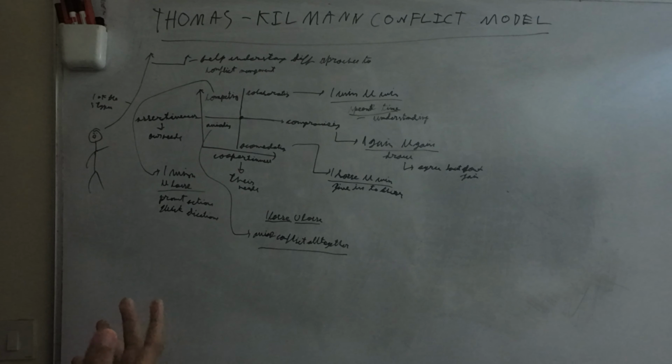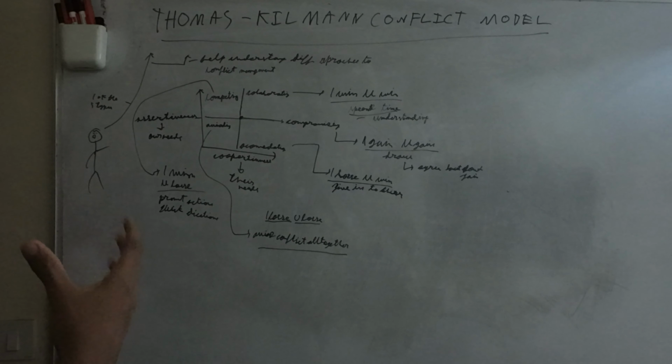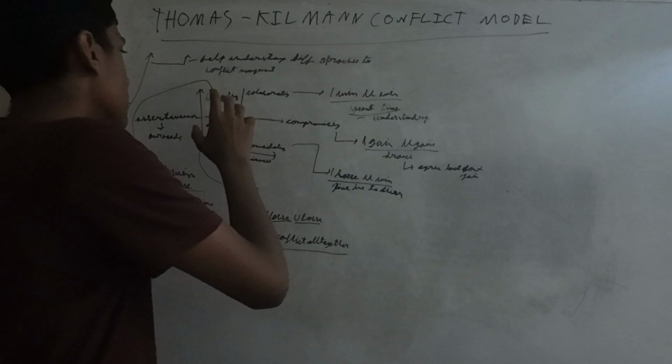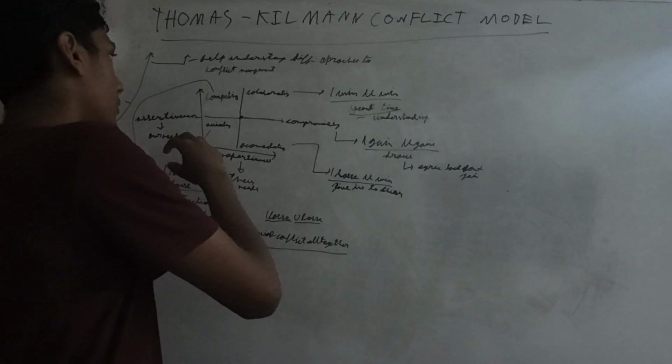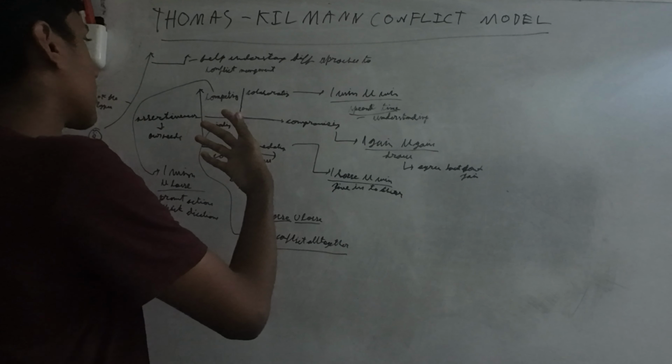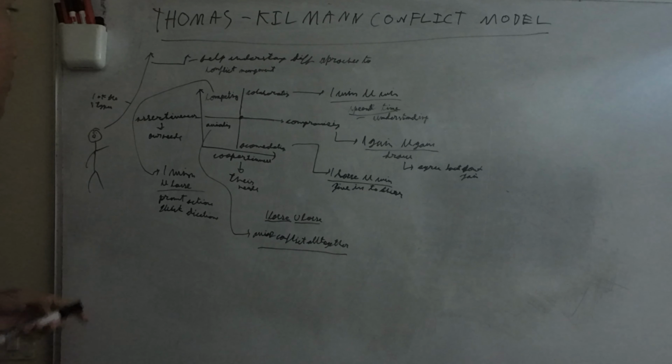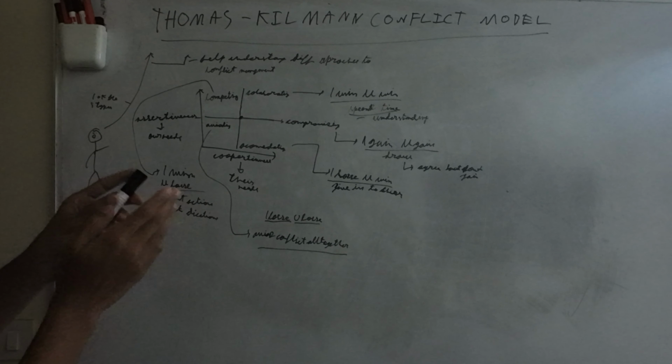one more type of this conflict model, which is the opposite of avoiding, is collaborating, which is basically both competing and accommodating combined together.